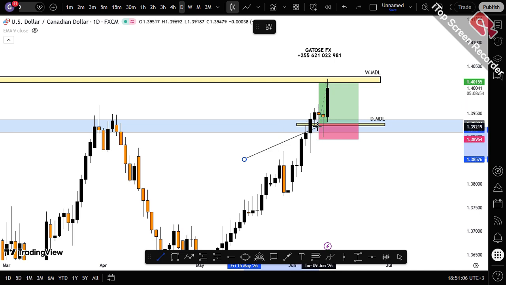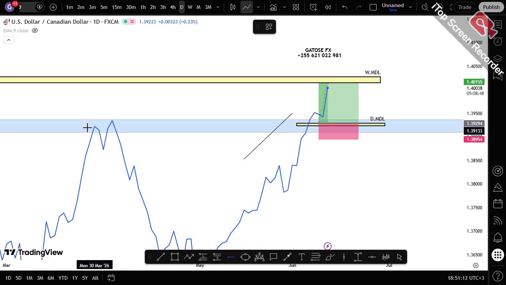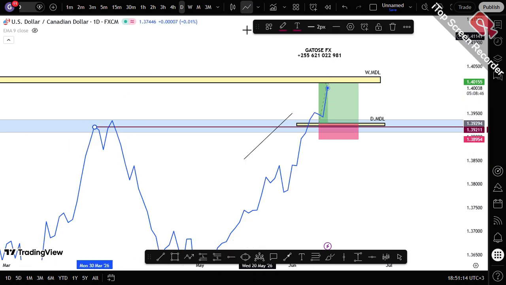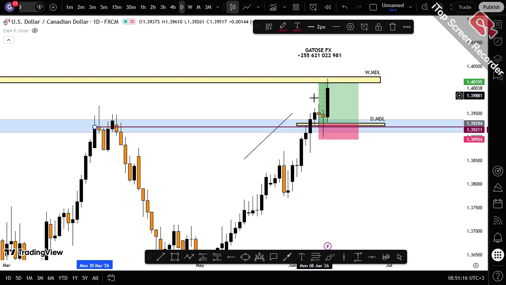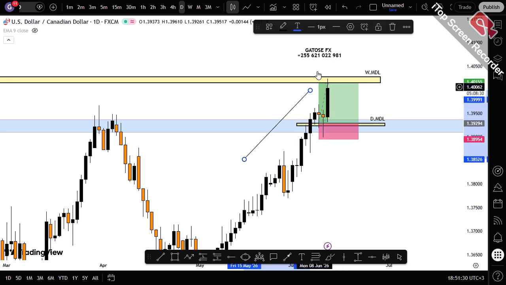On Monday, price of course respected this MDL, but on Wednesday, price came to take orders at this liquidity flip. Since Monday, this flip was liquidated. It's just a manipulation of the market to come and take out other people's orders, then the price continues to go to the upside.